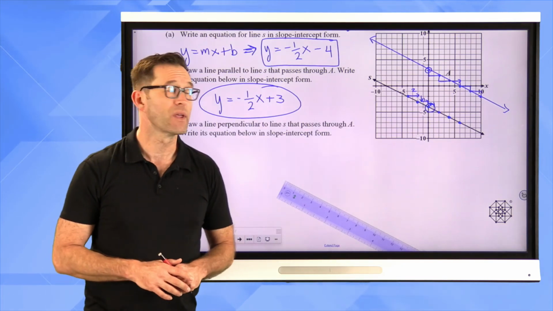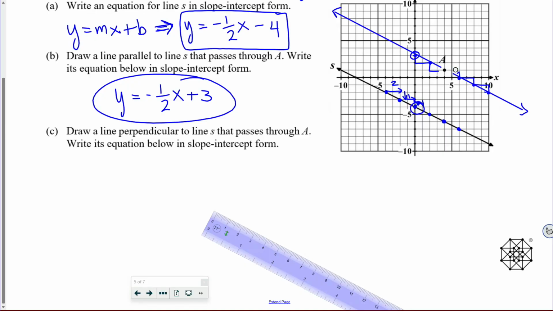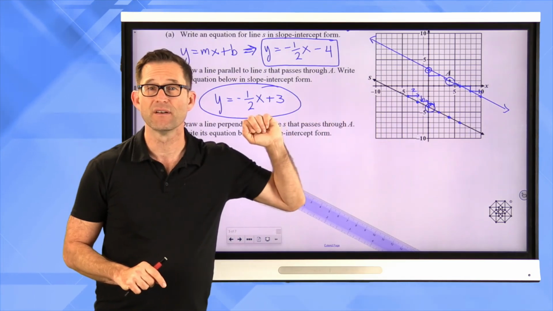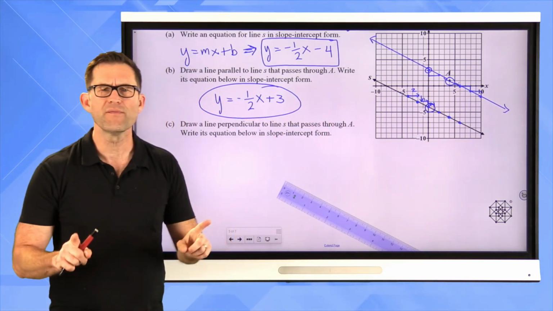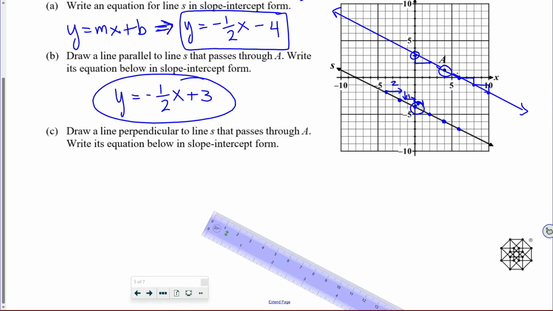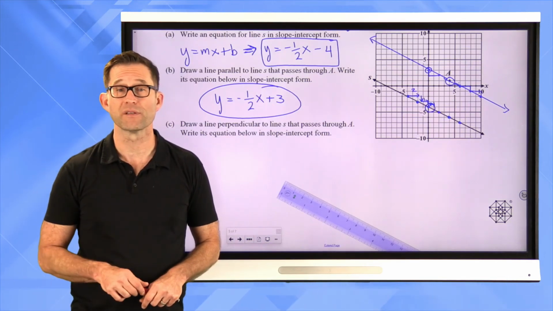All right, so again, we want to make sure that we've got where A is. It's right here, and I don't want to lose that given all my work before. But now, I want a line that passes through A that is perpendicular to S, okay? So pause the video now and see if you can play around with that a little bit. Well, the first thing I really want to do is figure out what the slope of this line is, right?